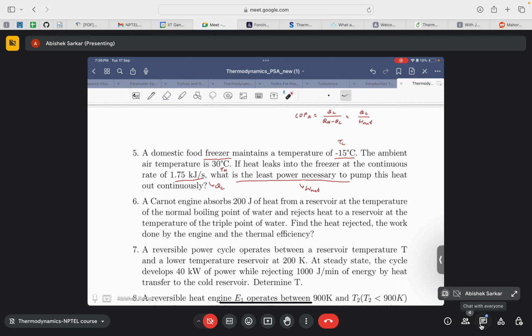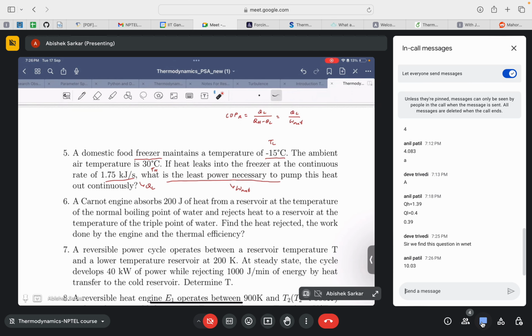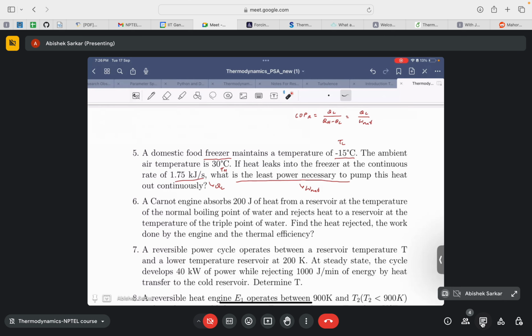No, it's not correct. You can kindly check the units. Kindly check the temperature scale. Have you taken it correctly? It might be the case. Otherwise, I think it's correct only, but the values are wrong. It's not 10.03. Just check it once again. Just try it out. That's fine. I will eventually let you know the answer.